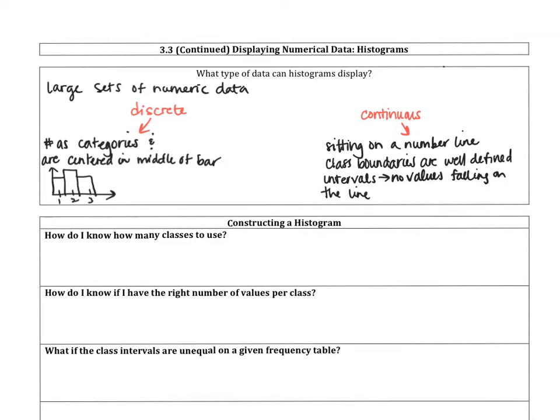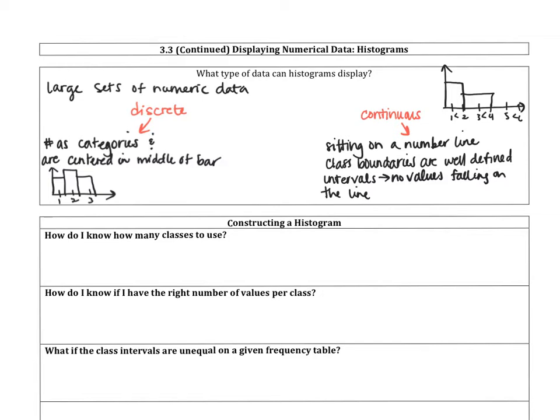So for a continuous histogram, you're going to see a number line like maybe 1, 2, 3, 4, 5. And we would say, okay, these values here are going to contain all values from 1 to less than 2, and then 2 to less than 4, and 4 to less than 6.